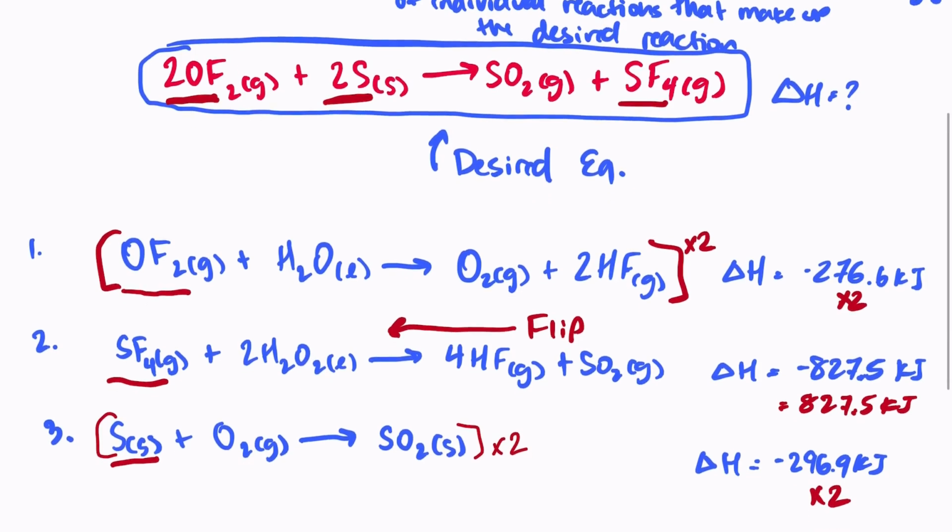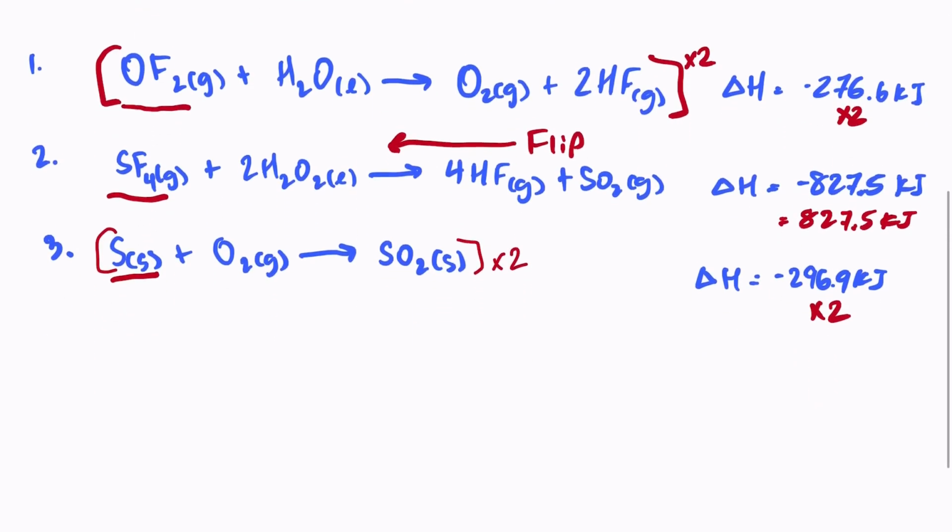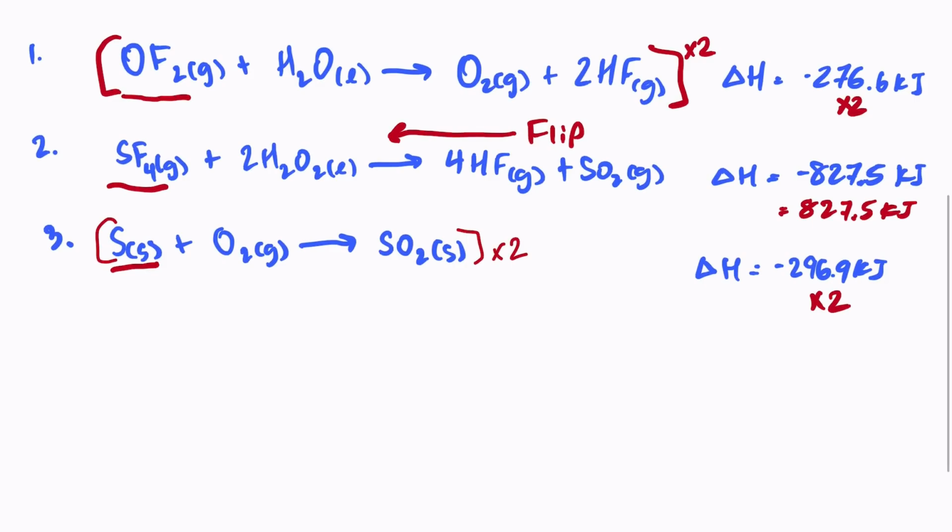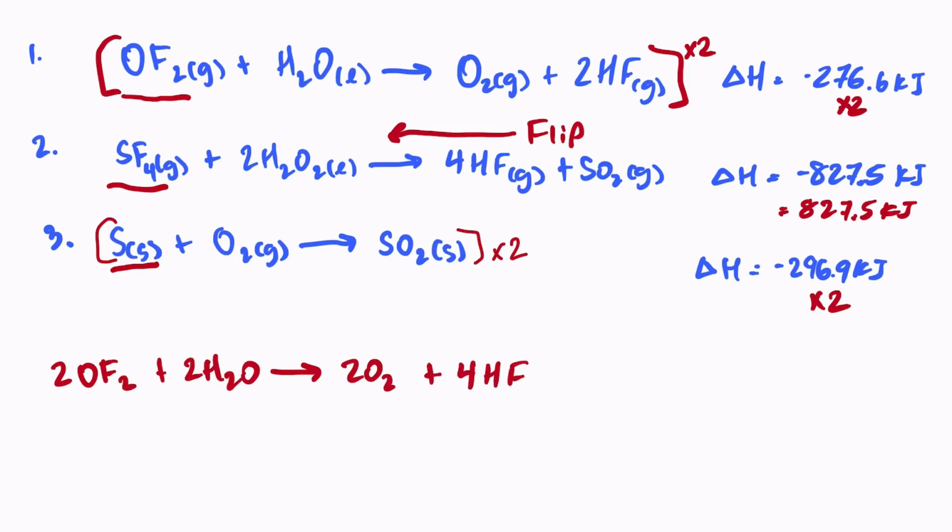Now we're going to add all of these equations together using the manipulations that we wrote out. The first equation is 2OF2 plus 2H2O yields 2O2 plus 4HF. My enthalpy change also needs to be multiplied by 2, which gives it a value of negative 553.2 kilojoules.